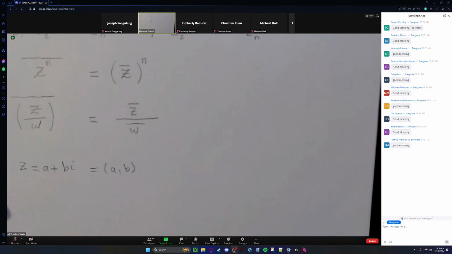Or you can think about this as a vector with components a and b.